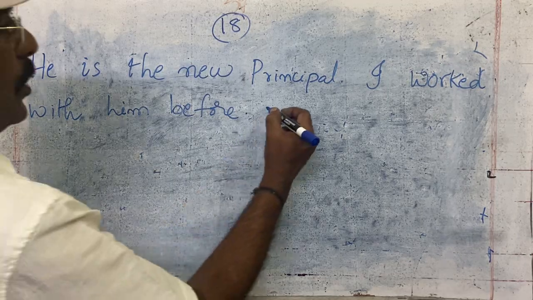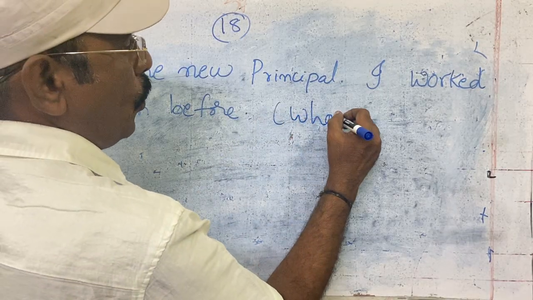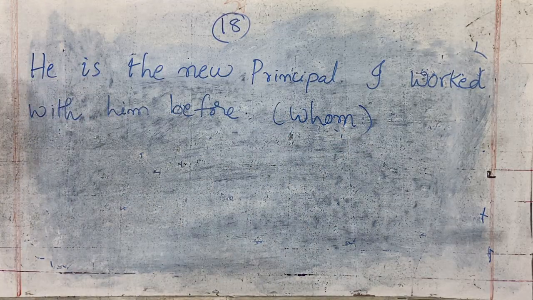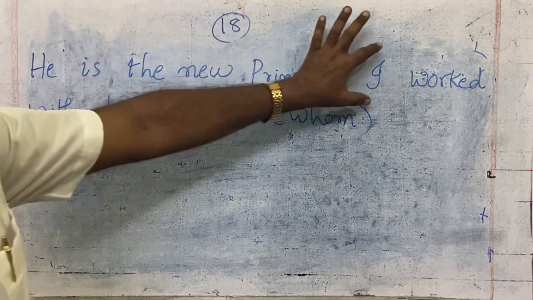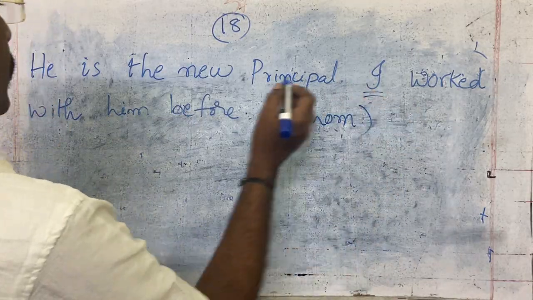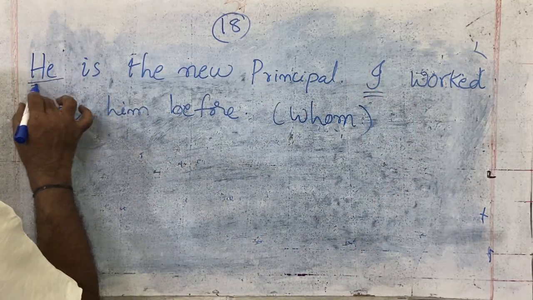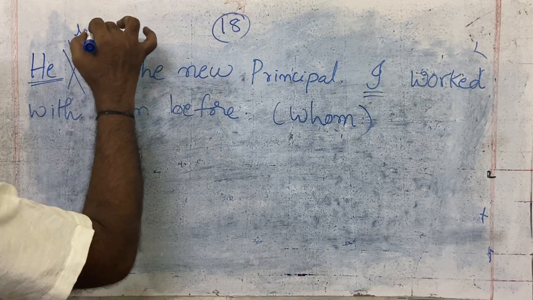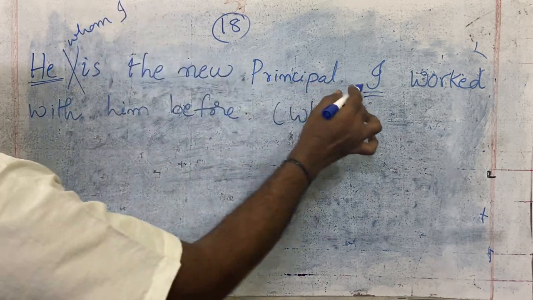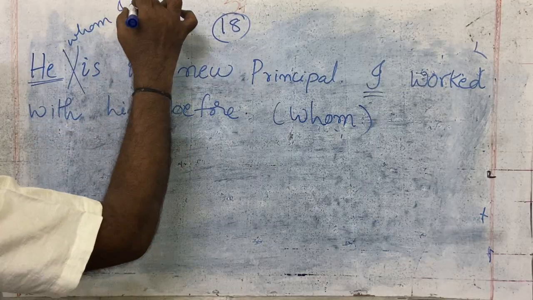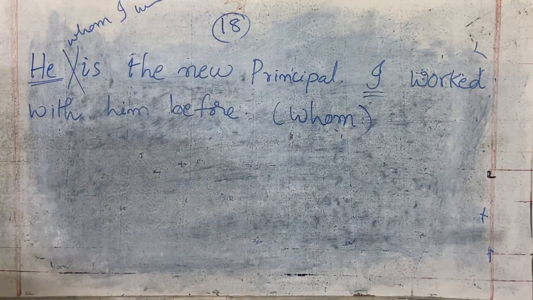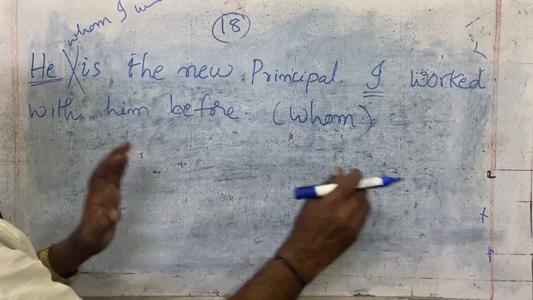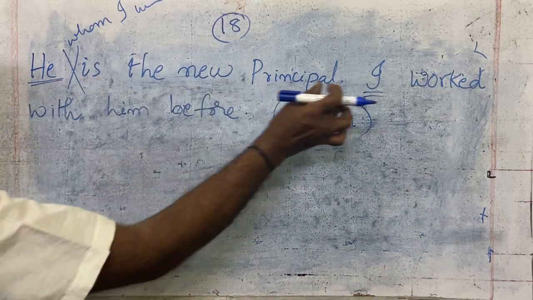Yes. What is the conjunction given? Whom. He, I, different. So automatically here it is coming. Whom I worked with. It is coming here automatically according to our model that we are following, because the subject is different.